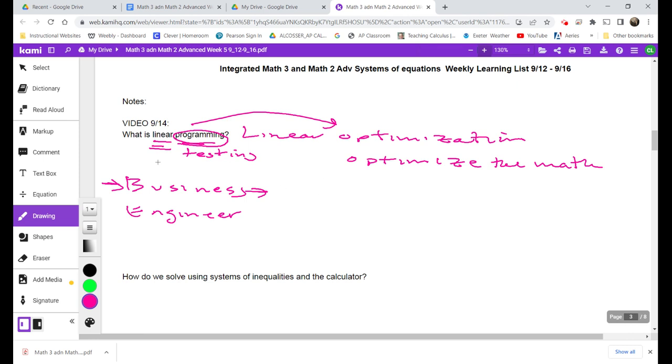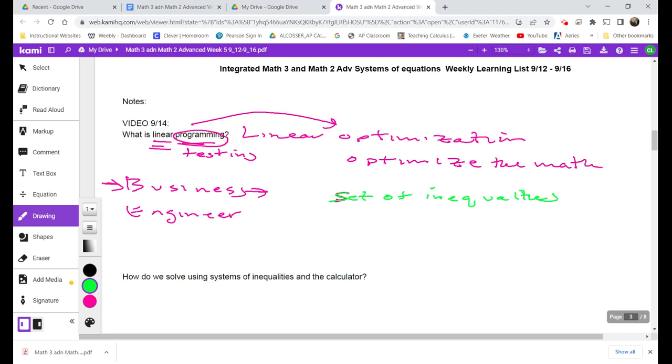So, what linear programming is, basically, we'll just call it a set of inequalities. Let me do this in a different color. A set of inequalities. Probably spelled that wrong. A set of inequalities, right?